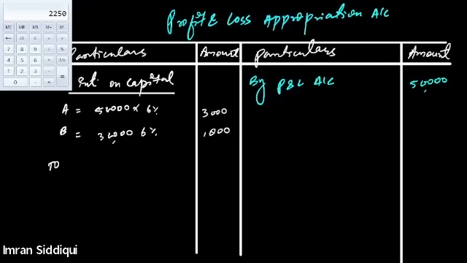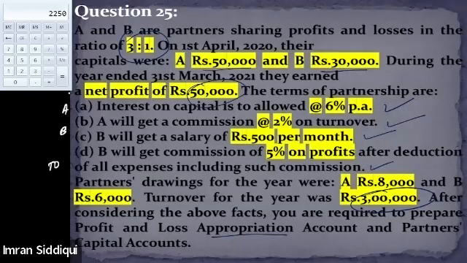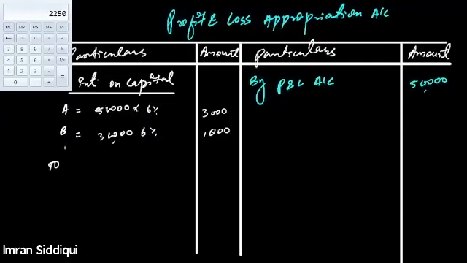Then we will calculate the next thing. The question said A will get a commission of 2% on turnover. So, to commission, 2% of turnover.